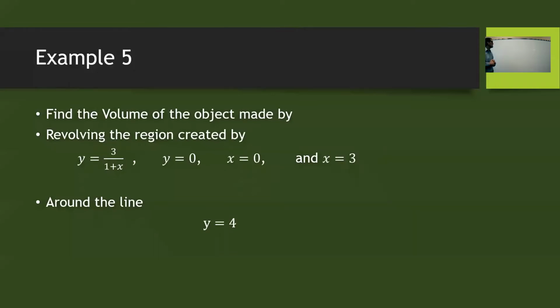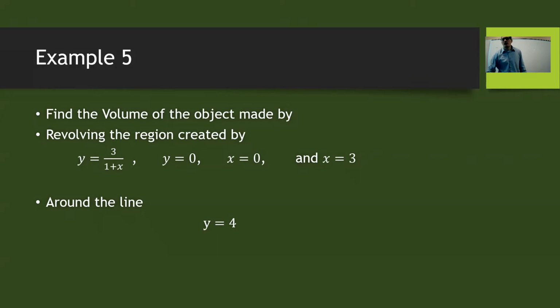Okay, so the first thing that we're going to do is draw the region that we're looking at. The middle two curves are the x-axis, y equals 0, and the y-axis, x equals 0. You can see x equals 3. We know what that is too. That's a vertical line at x equals 3.